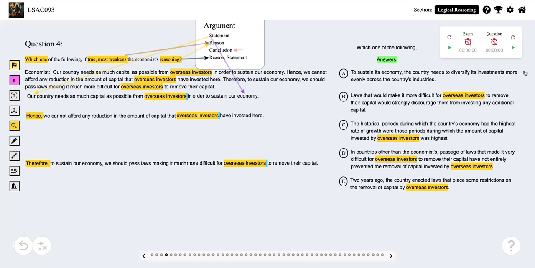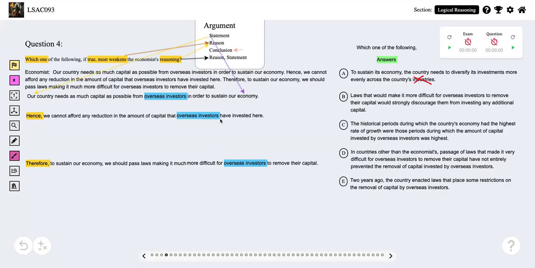To sustain its economy, the country needs to diversify its investments more evenly across the country's industries. Just to let you know, with the whiteboard tool, we never said anything about industries in the country.